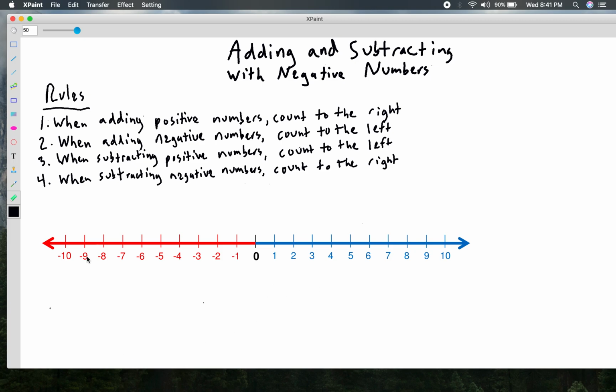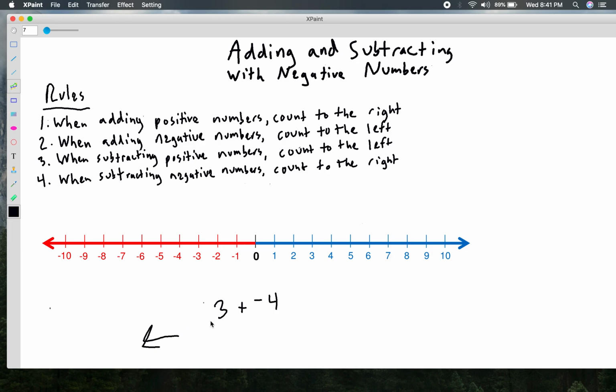Let's go with rule number 2. When adding negative numbers, count to the left. Okay, so let's say I'm at 3 and I'm adding -4. Well, it says when adding negative numbers, count to the left. Well, the left is this way.